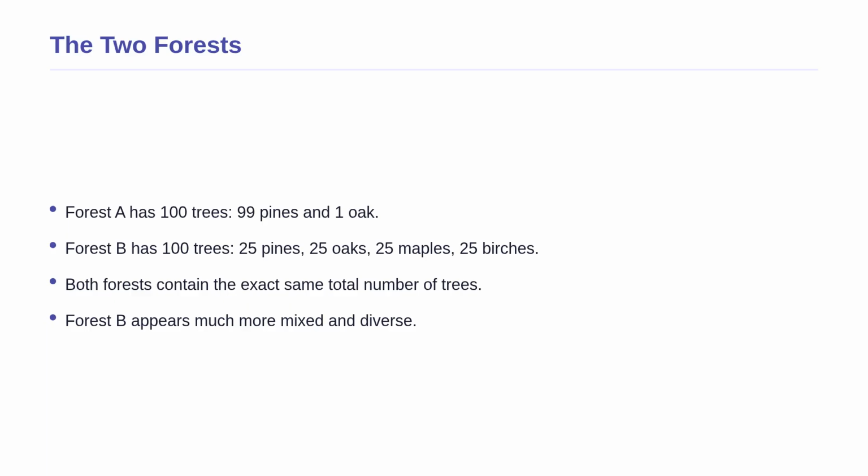Even though both forests have the exact same total number of trees, Forest B feels much more mixed, vibrant, and diverse to us. This simple observation is the heart of what ecologists call diversity and abundance. It shows us that just counting the total number of living things does not tell the whole story of an ecosystem.